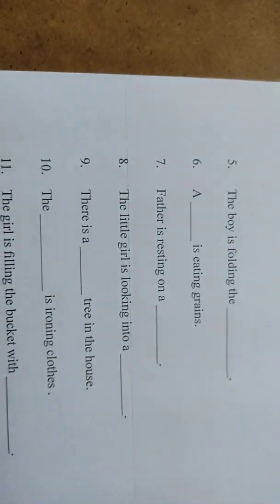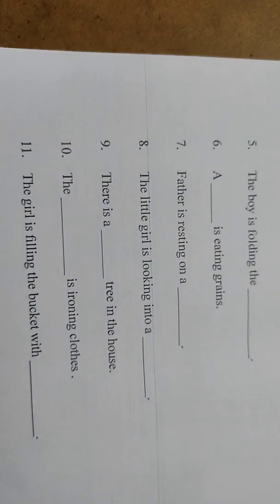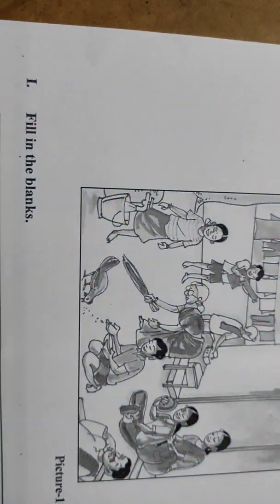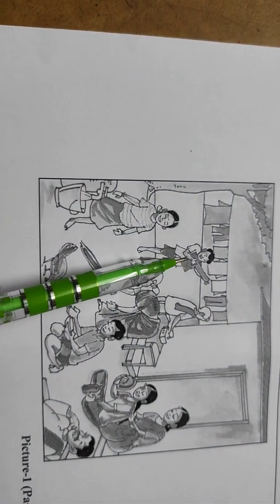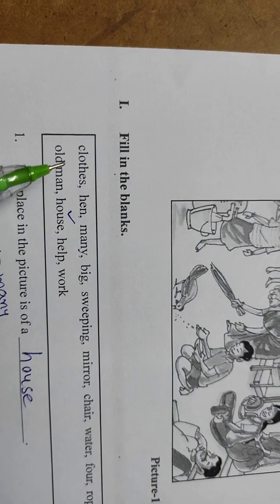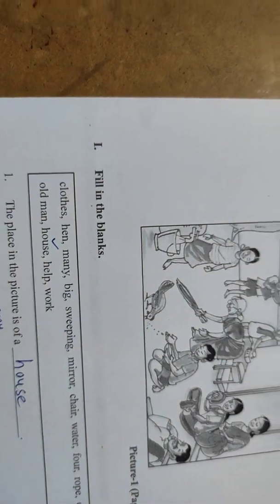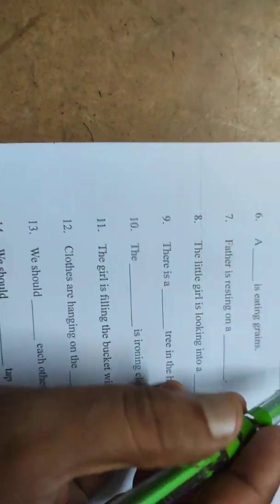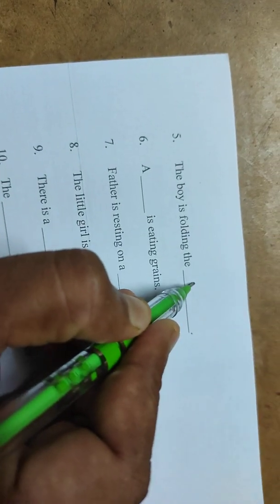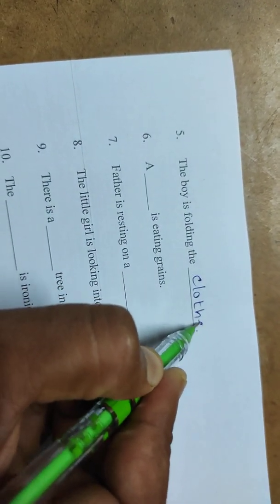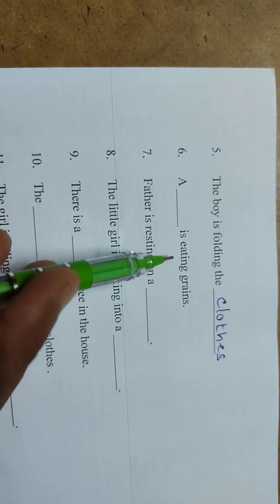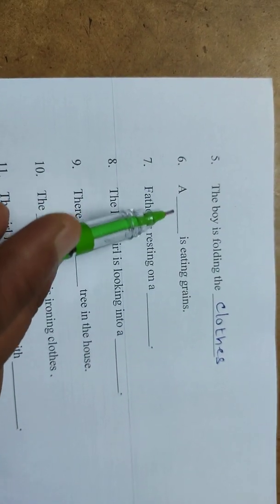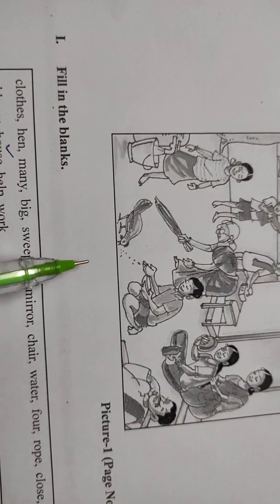Next one, the boy is folding. Look here. What is the boy doing here? Folding clothes. Write that one here. Next, a dash is eating grains. What is the fill in the blank? Eating grains.